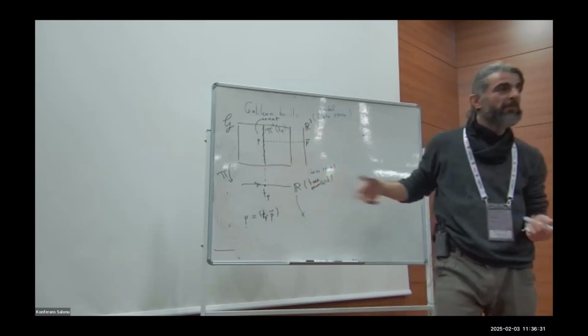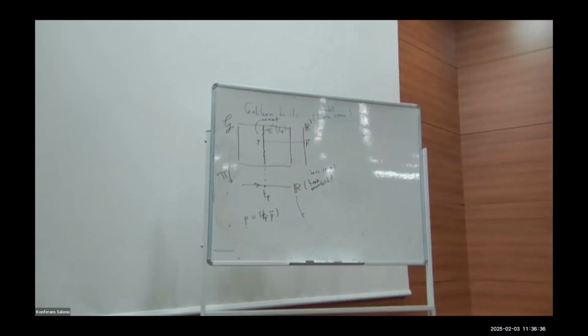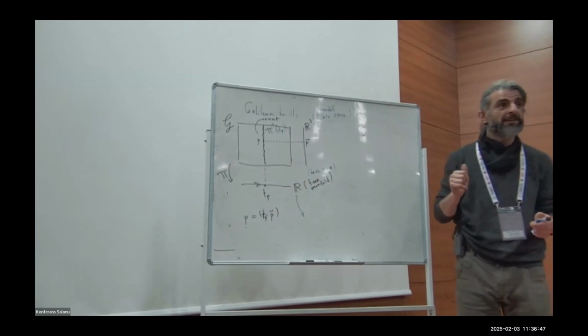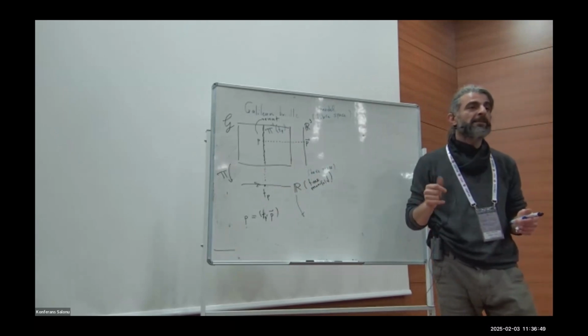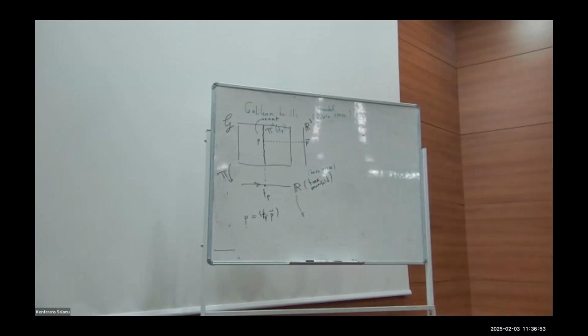Can anyone tell me why there is no causal structure in this scheme? There are no light cones or other things. Because in classical physics, the speed of signals can be infinite. It is not a finite number as in the case of relativistic particle mechanics. So you have special relativity there.